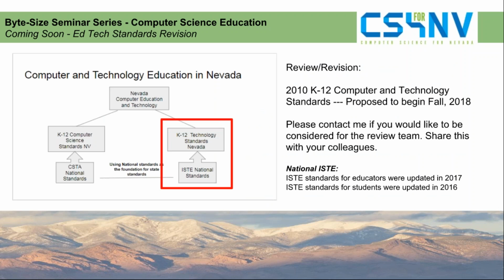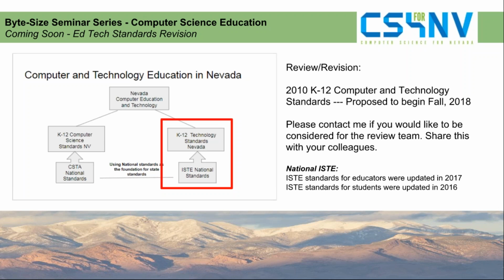And then also, just to let you know what's coming down the pike here, our K-12 computer and technology standards are from 2010, so it's time for them to be refreshed a bit. ISTE has updated their standards for students as of 2016, and their educators' standards will be updated this fall as well.